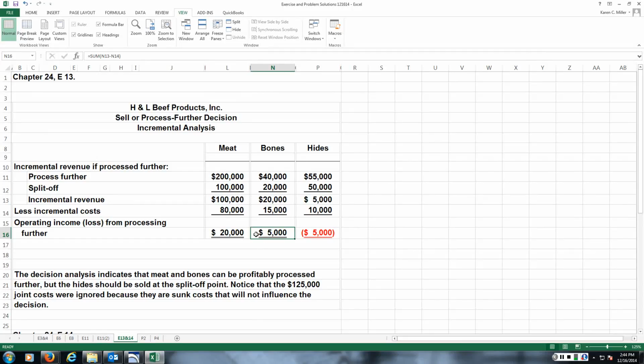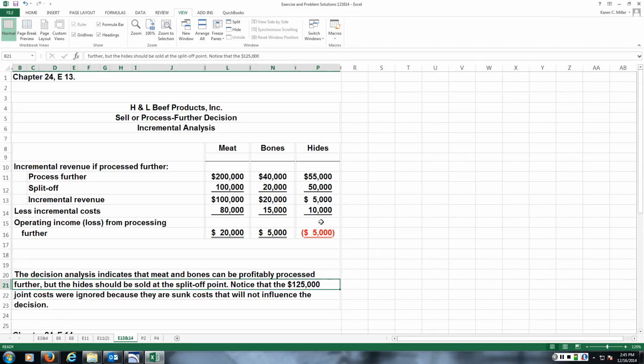Now, of all the costs that we've discussed, if you'll notice, there was this $125,000 mentioned that we haven't considered in our analysis. The $125,000 was the cost of the cattle, transporting, hanging, storing, and cutting the beef. These costs are considered sunk cost. Okay? These costs are going to be incurred regardless of whether I process further the meat, the bones, or the hides. So the $125,000 are very important when we try to take into consideration the total cost of our product and the cost per unit or ounce or whatever we're trying to measure here.